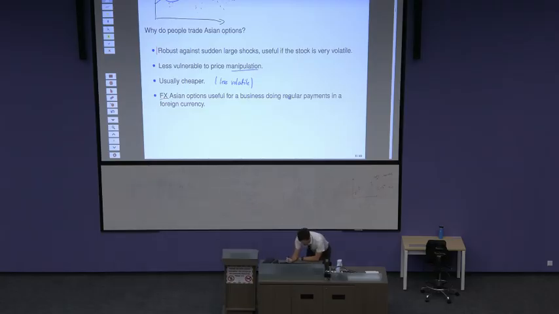So this means, let's say the payments are regular payments every month or something like that. If you need to pay every month something like 100 renminbi, what you actually need to pay needs to be converted into Sing dollar. This is relevant for you if your company is in Singapore.